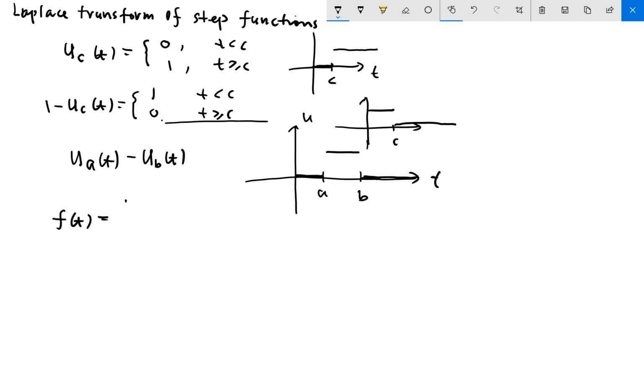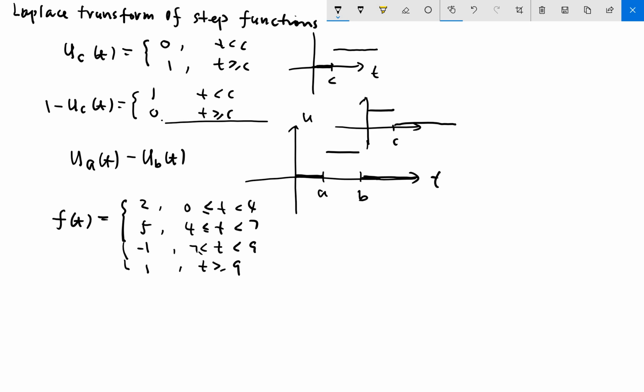If you know those three functions, we can write anything like step functions like this. For example, f(t) equals 2 for t bigger than 0 and less than 4, equals 5 for t bigger than or equal to 4 and less than 7, equals minus 1 for t bigger than or equal to 7 and less than 9, and equals 1 for t greater than or equal to 9.